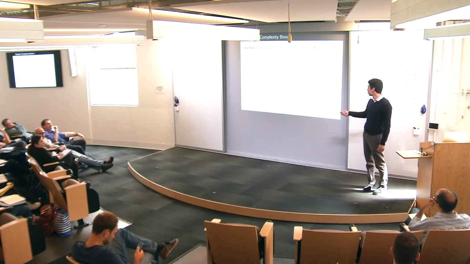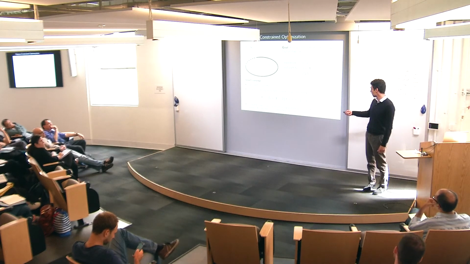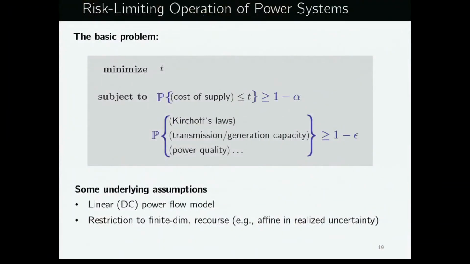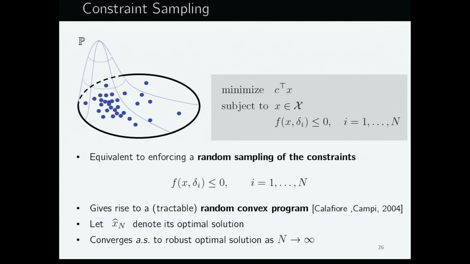Yeah, so what I did earlier was I made this assumption here that my recourse decisions have a finite dimensional representation. So for instance, think of recourse as being affinely parameterized in certain variables like wind. So when wind realizes itself, I'm requiring that the decision I take is an affine function of that. And so I just end up with x here being all of these decision variables unraveled into a single vector. Is that clear? Okay, good.